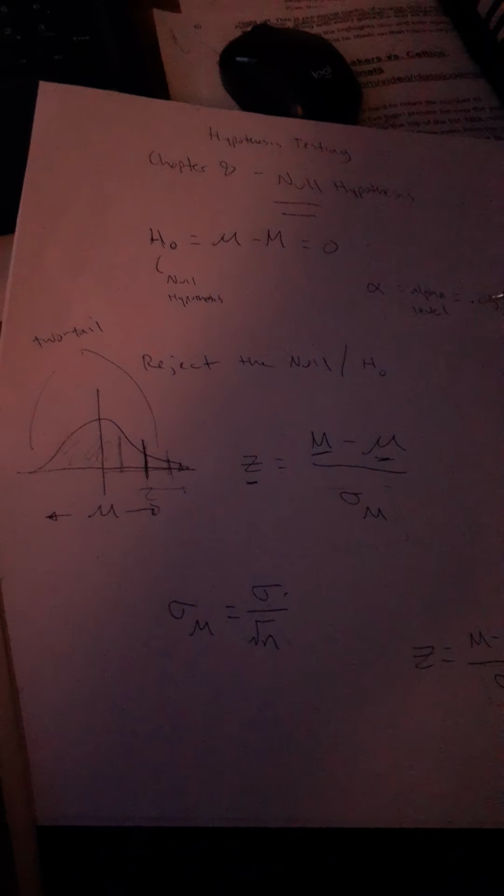This distribution drawn out here is known as a two-tail. Tail over here, tail over here.